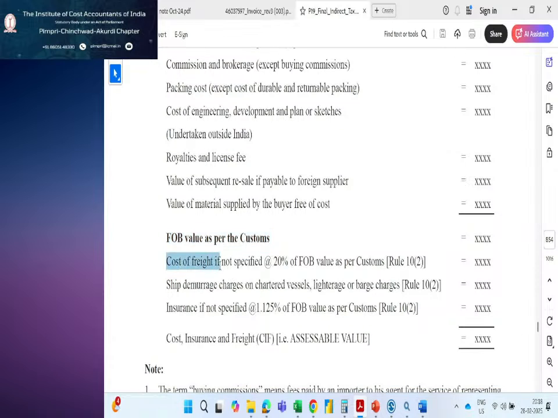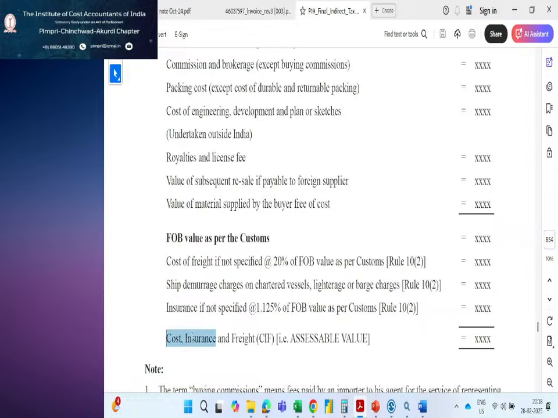So the cost of freight. This is a very important clause here: cost of freight if not specified is 20% of FOB, plus ship demurrage charges on chartered vessels, lighterage or barge charges, then insurance at 1.125% of FOB value.